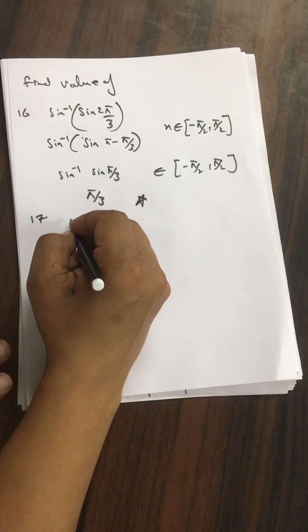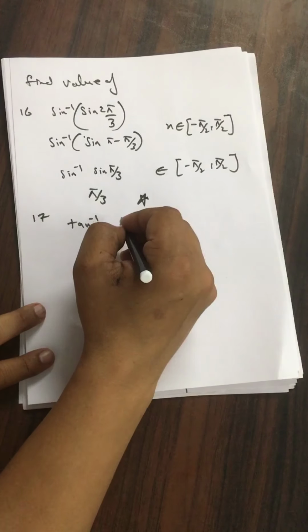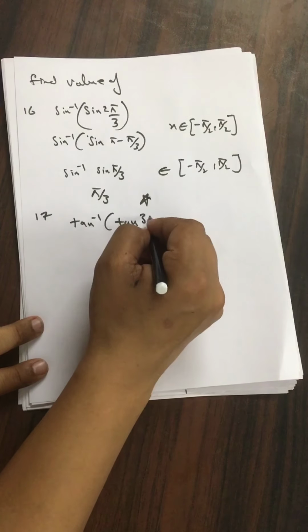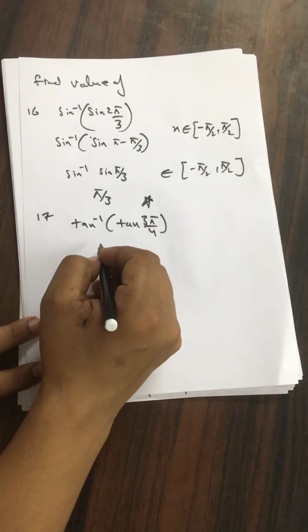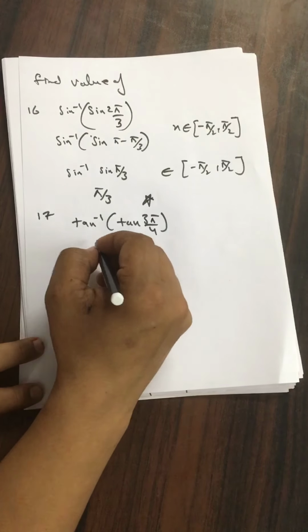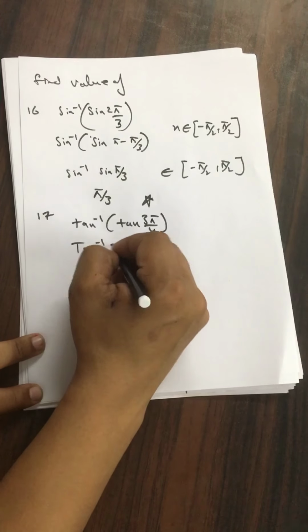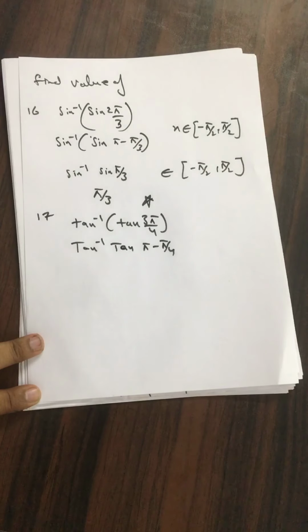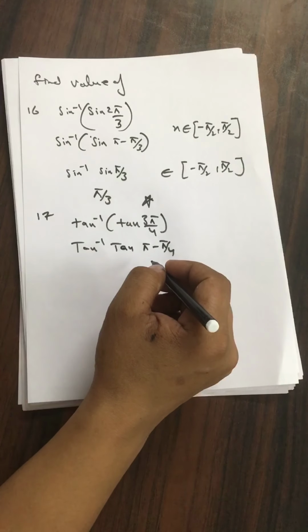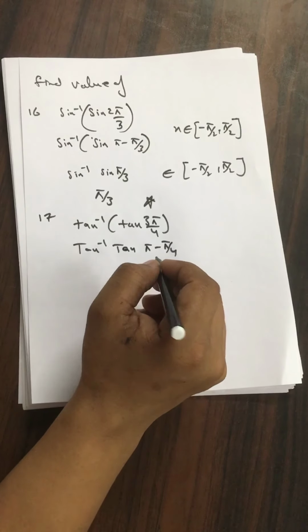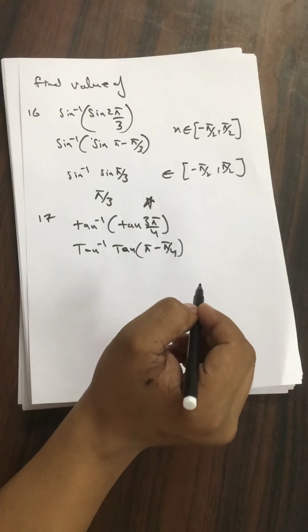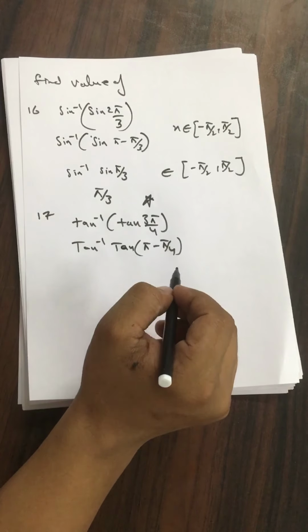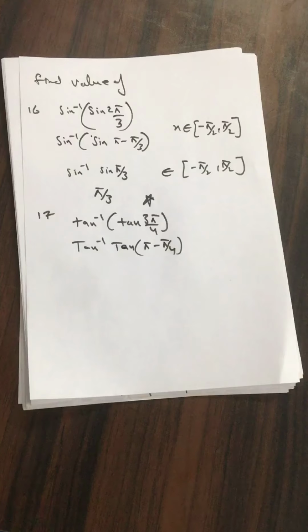Another question we have of the same type, tan inverse tan 3 pi by 4. 3 pi by 4 also you can solve in the same way. Tan inverse tan pi minus pi by 4. So how much will this come? Try doing yourself. 180 minus pi by 4.